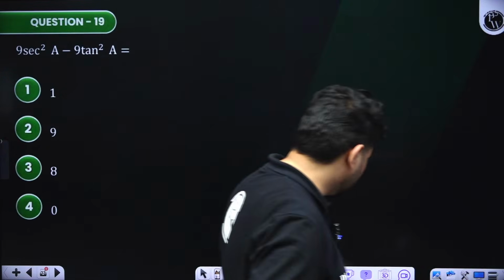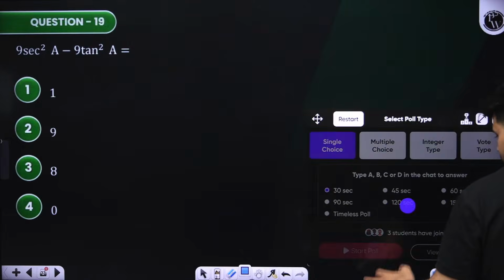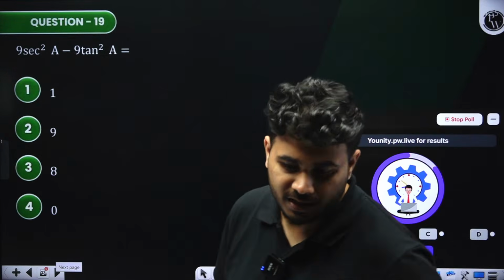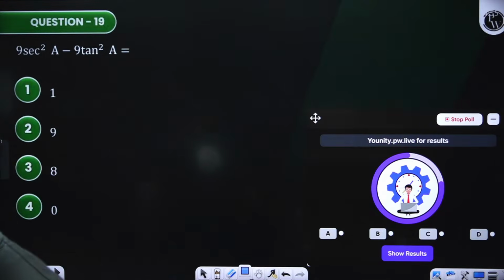Yes, tell me fast in the chat box. Do it fast, students. 9 secant square A minus 9 tan square A. Value?